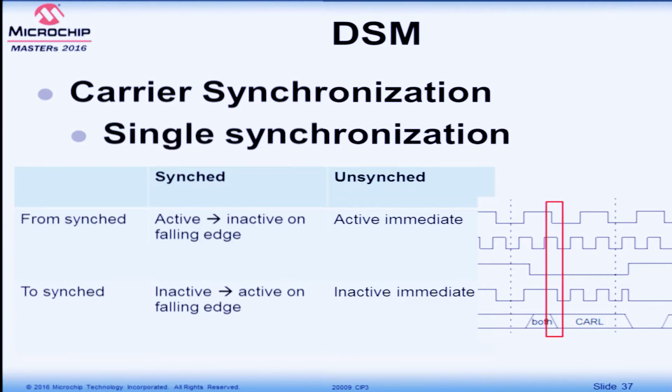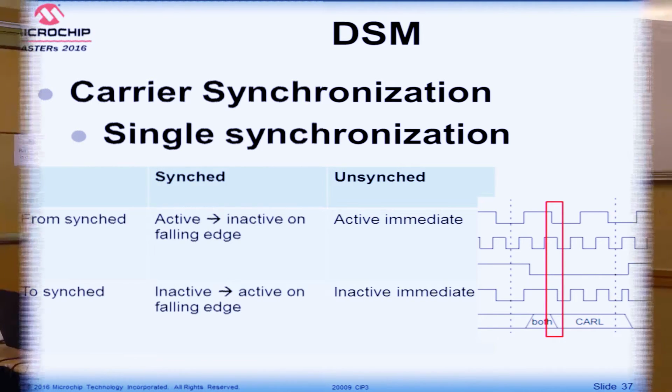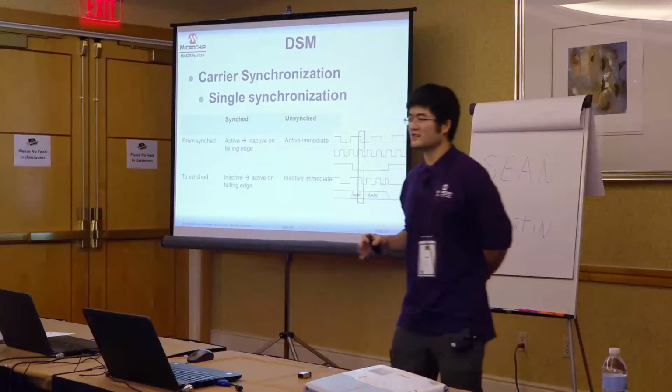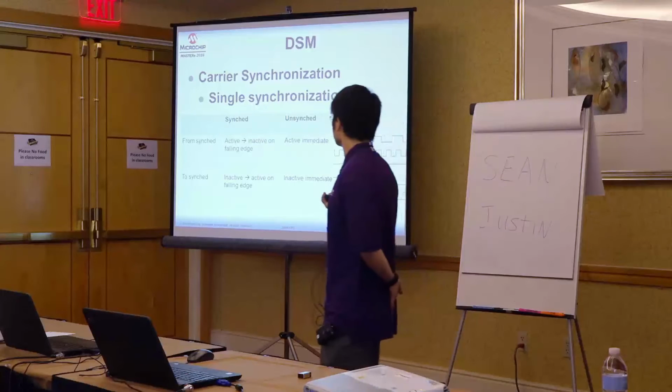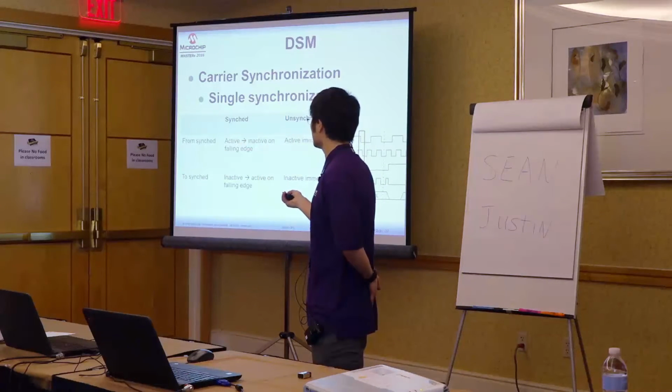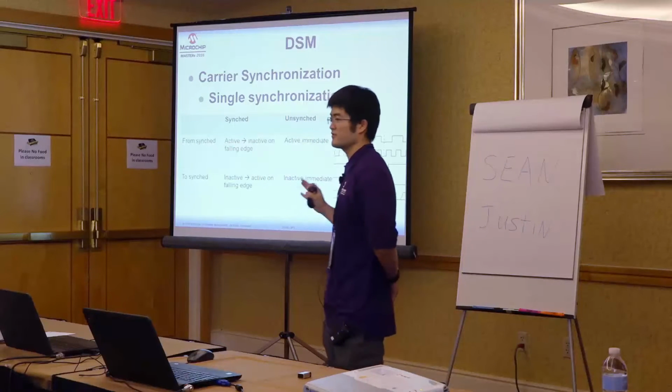My transition happens here, but my high side will not become inactive until the following edge, which means around this area, both my high side and low side are active, right? Because my low side will become active immediately, and my high side will stay active until I see the following edge. Make sense?